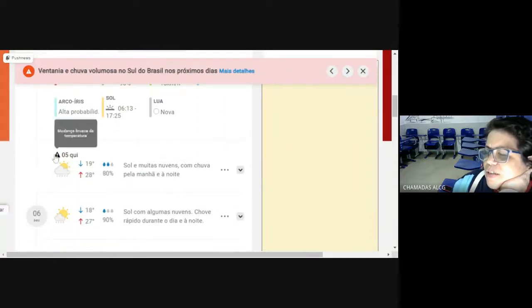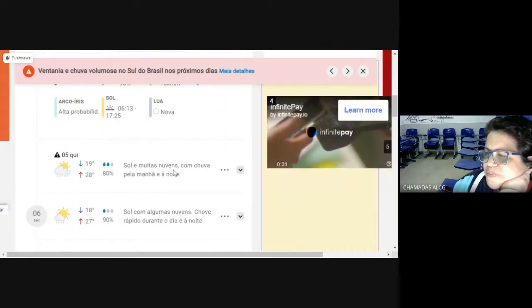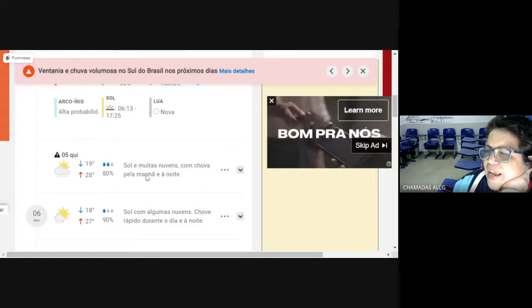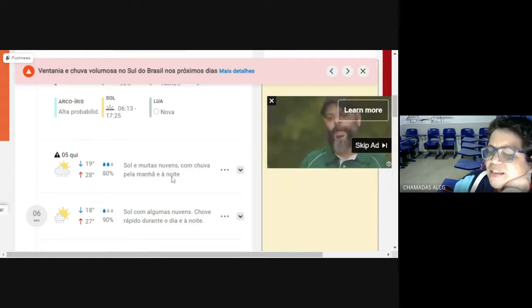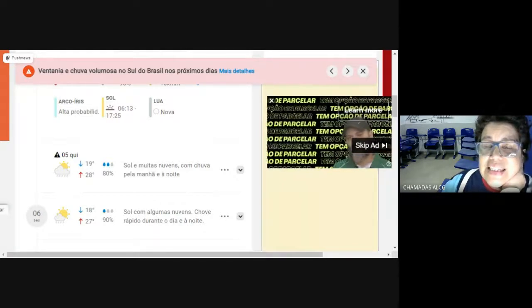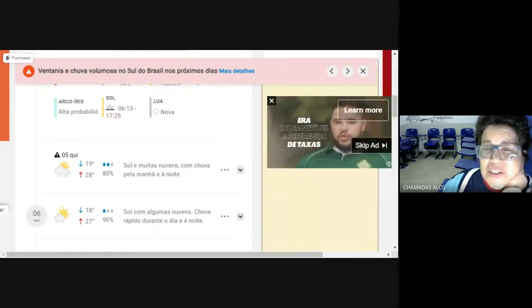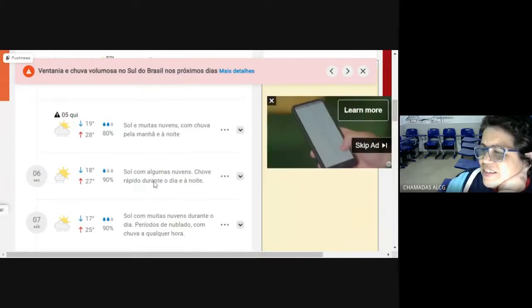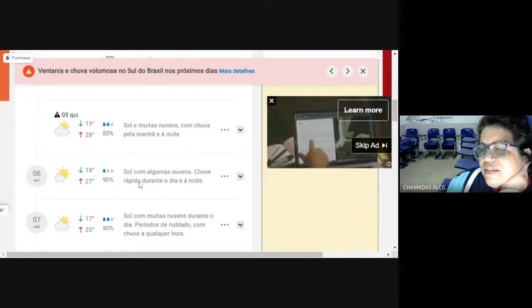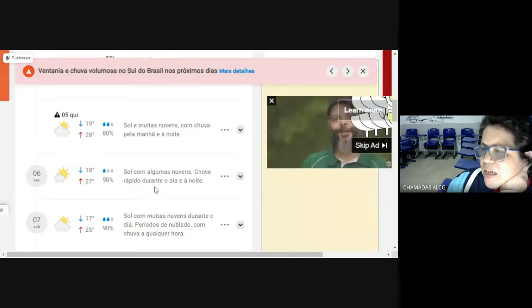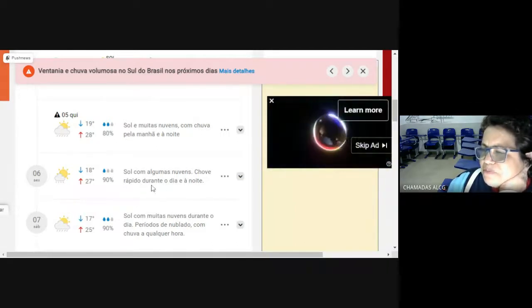So look, Thursday. Lots of clouds with rain in the morning and in the evening. So the forecast says it's going to rain tomorrow. Look, Saturday, not so much, but probably rain during the day.